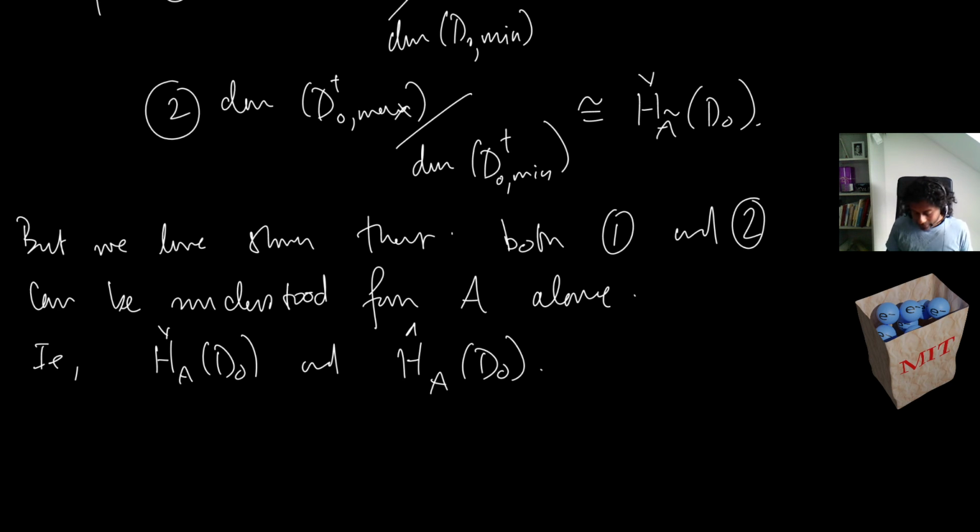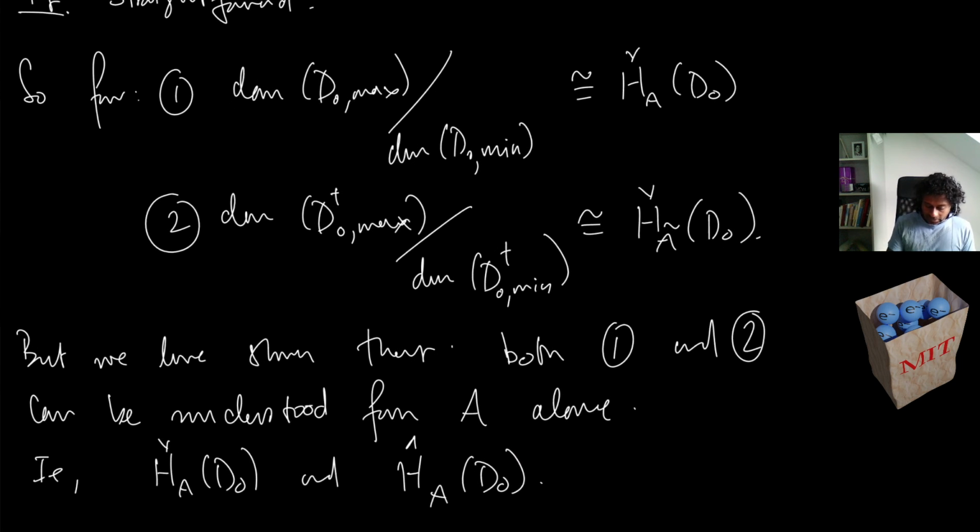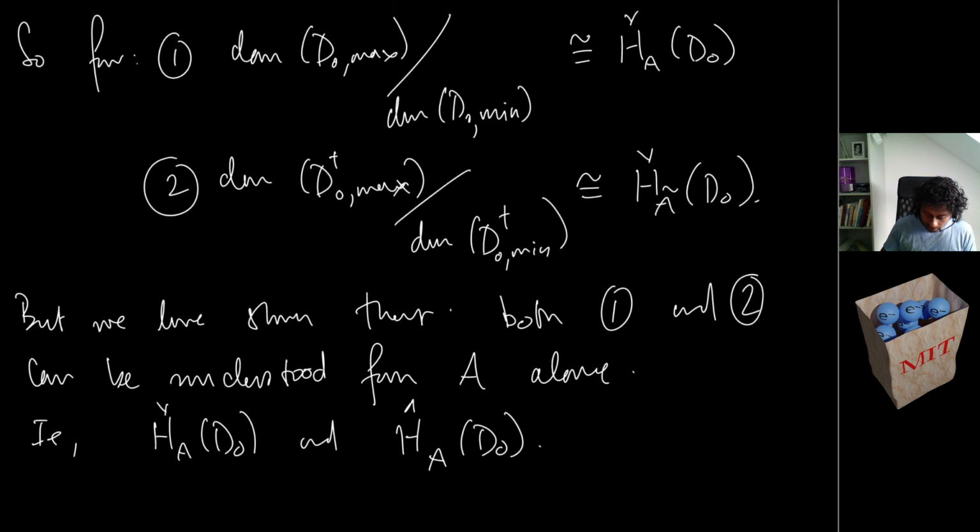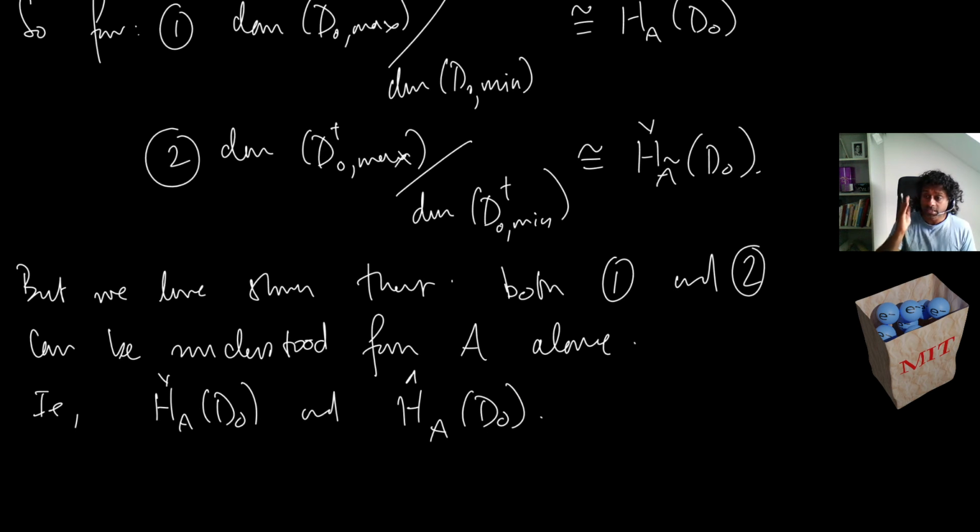I mean, A determines the adjoint, right? So we don't have to look at two separate bundles and two separate problems. This is really saying that all extensions of D naught min sitting in D naught max and all extensions of D naught dagger min sitting in D naught dagger max, all of this can be understood simply in terms of this adapted operator on the boundary.